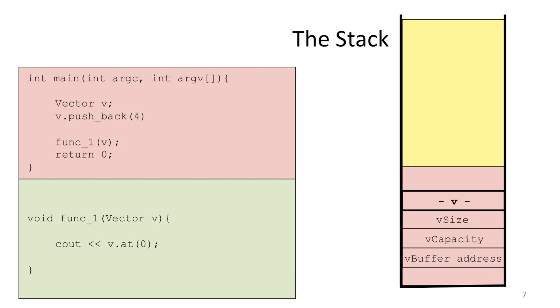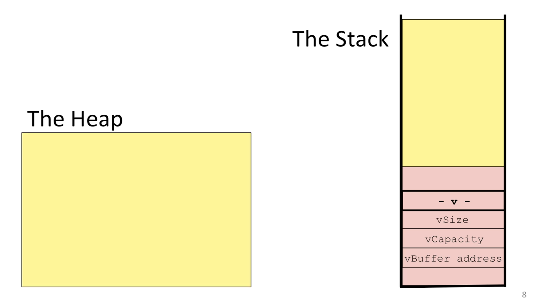So in the stack, we need to make room for this vector, which means we need enough room for the vector's size, the vector's capacity, and the pointer for vbuffer. We need a space big enough to hold the address of vbuffer. Because if you remember, vbuffer is the actual array working under the hood of our vector, and vbuffer is actually just a pointer to an address on the heap that holds the actual array in this program.